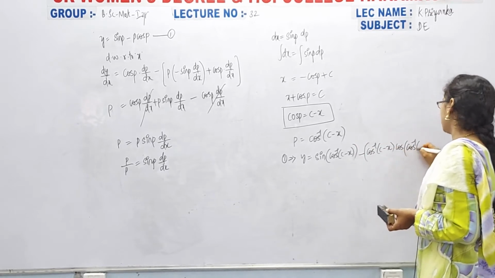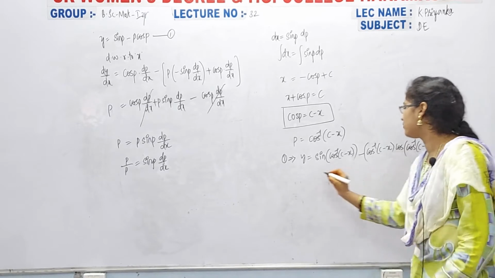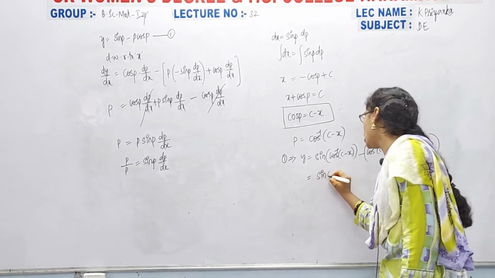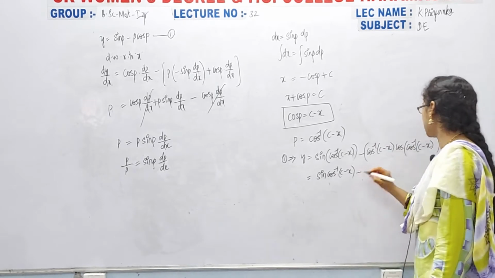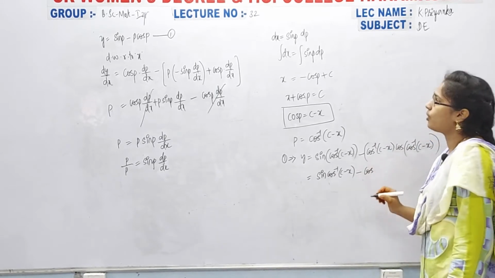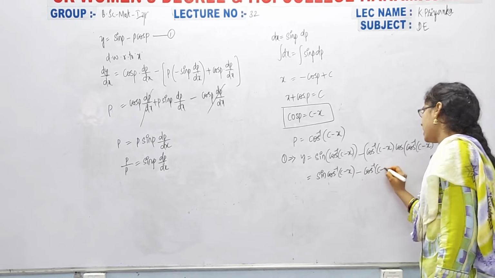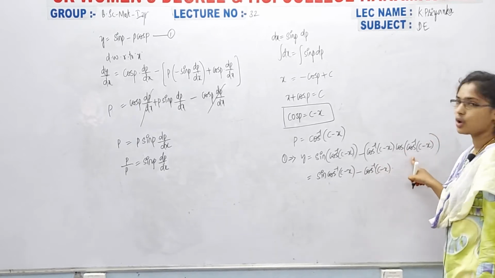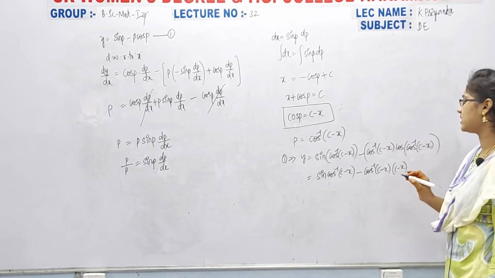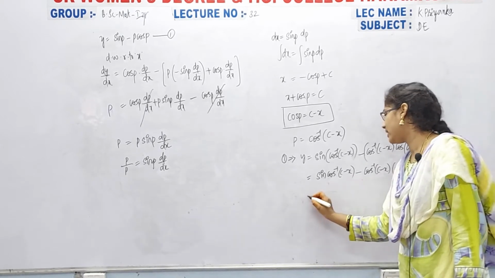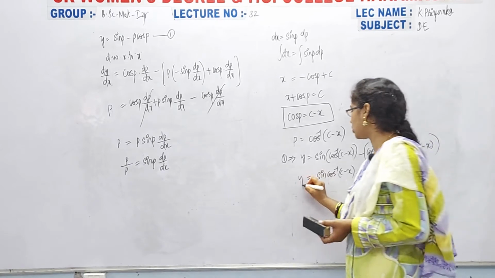Cos inverse of C minus x, in both places. So finally we get sin of cos inverse of C minus x, minus cos inverse of C minus x into cos of cos inverse of C minus x, which is simply the angle C minus x. This is the solution for y.